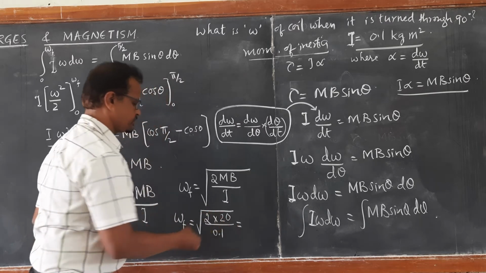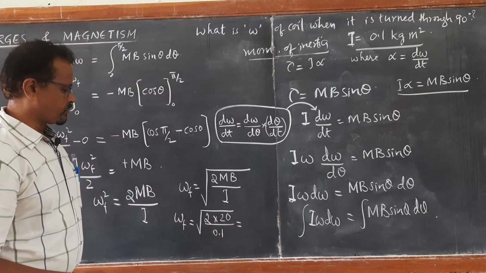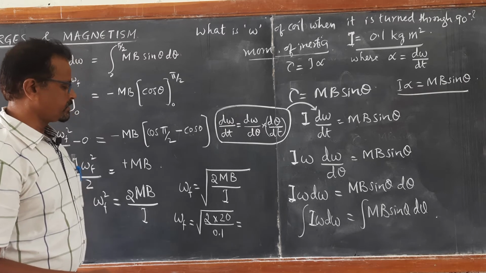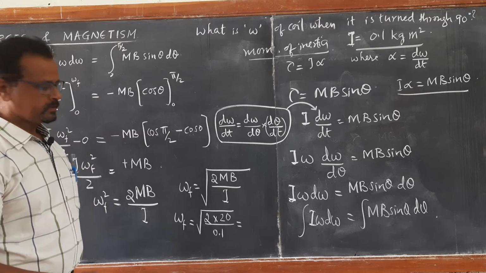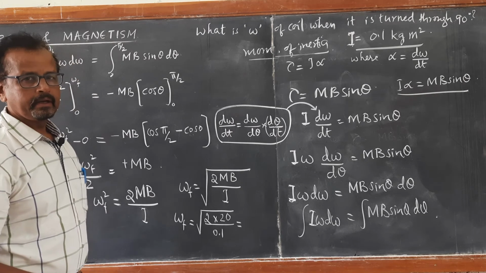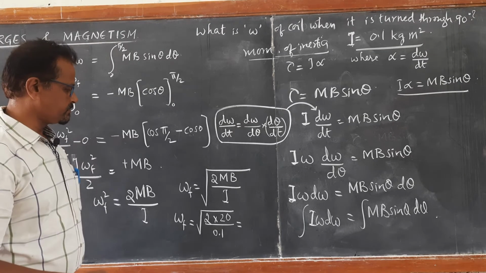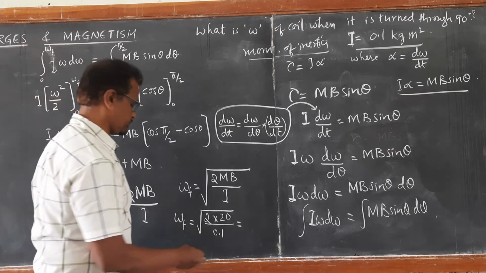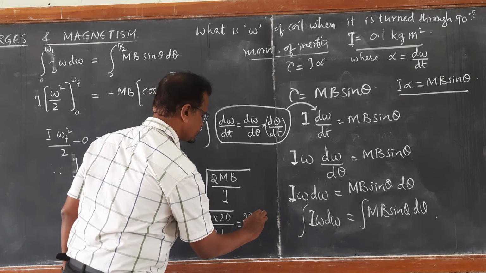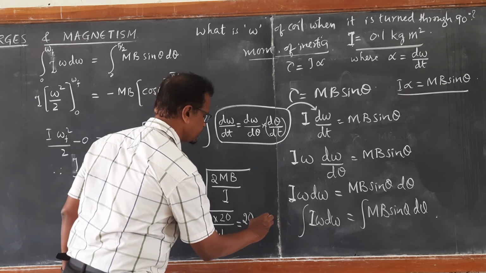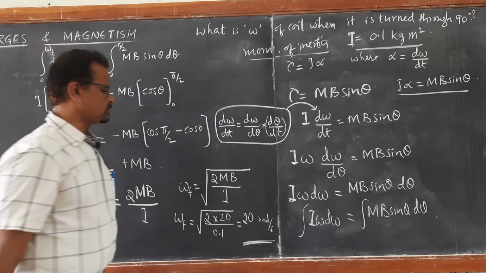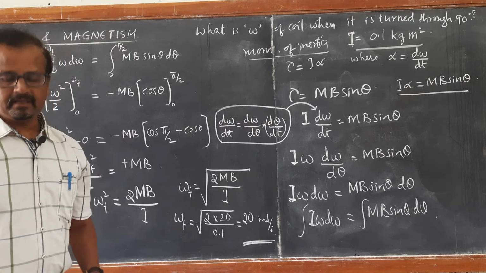So you can see here, 200 into 2 becomes 400, and the square root of 400 becomes 20. That is how we get 20 radian per second. That is the final angular velocity.